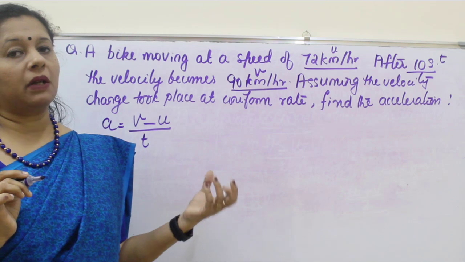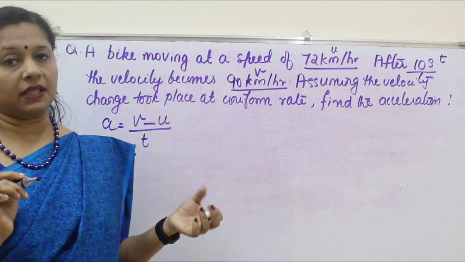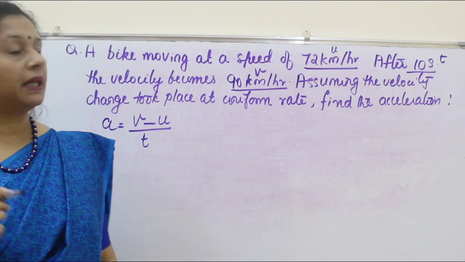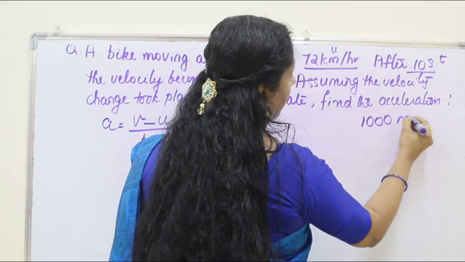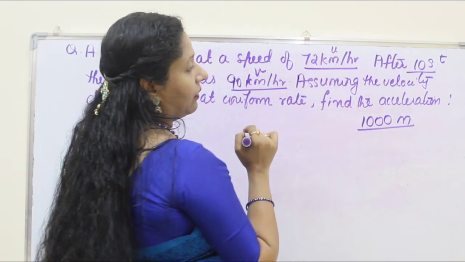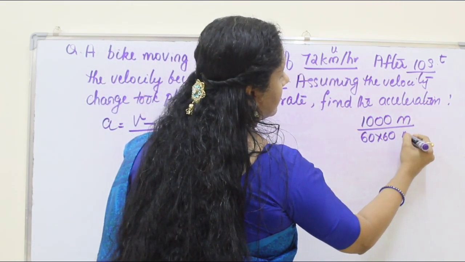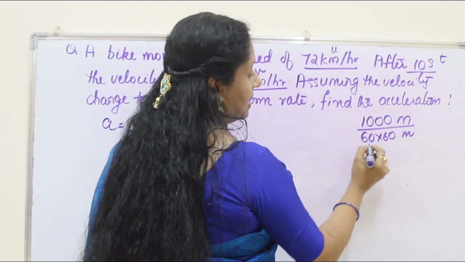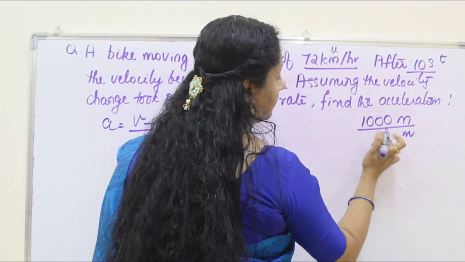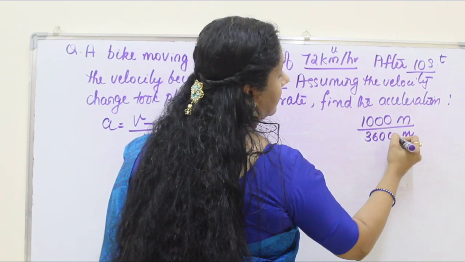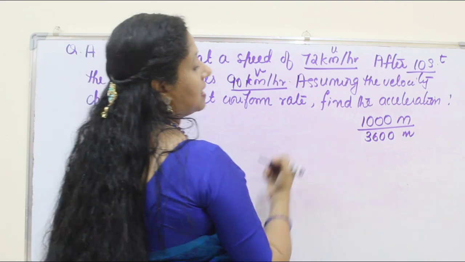But here is one problem: whenever we are doing such problems, the answer should be in SI units, but here it is given in kilometer per hour. You know that 1 kilometer is 1000 meters, and the SI unit of time is second. So 1 hour means 60 into 60, that is 3600 seconds.